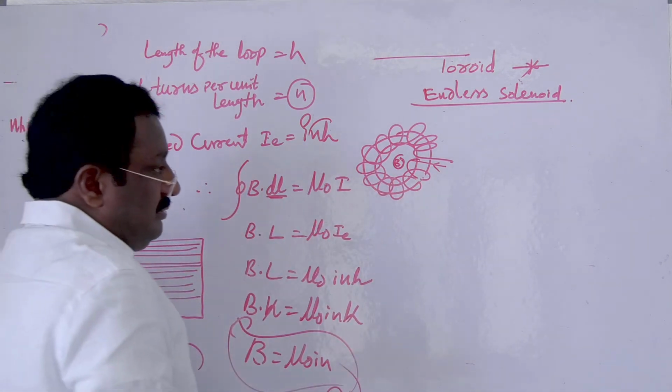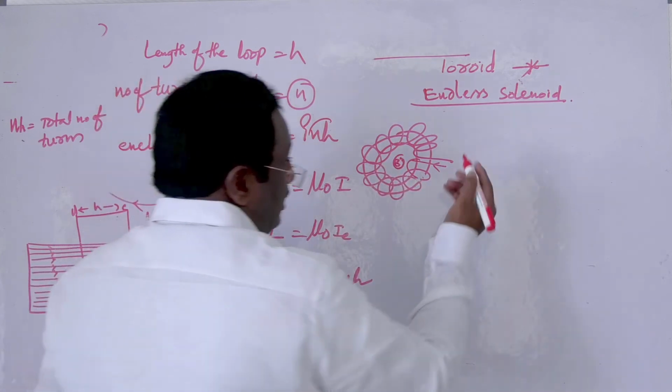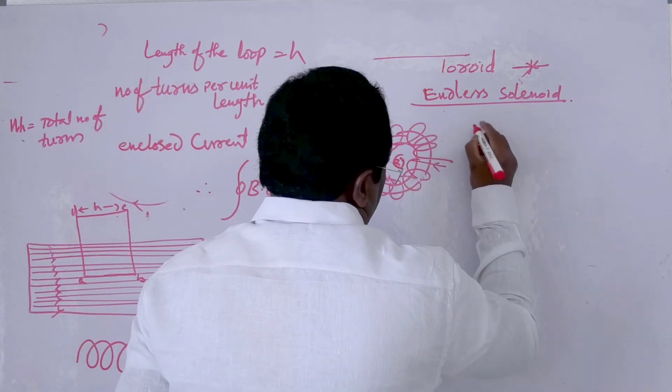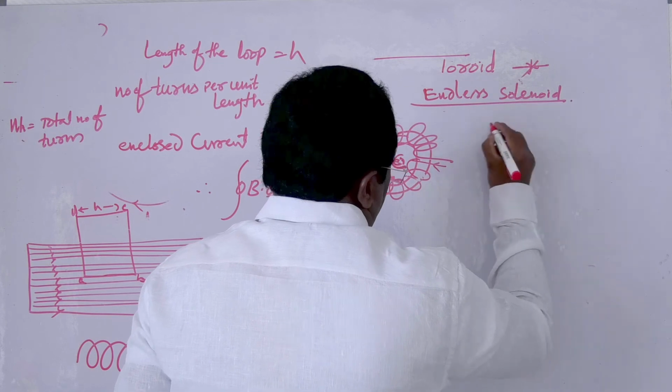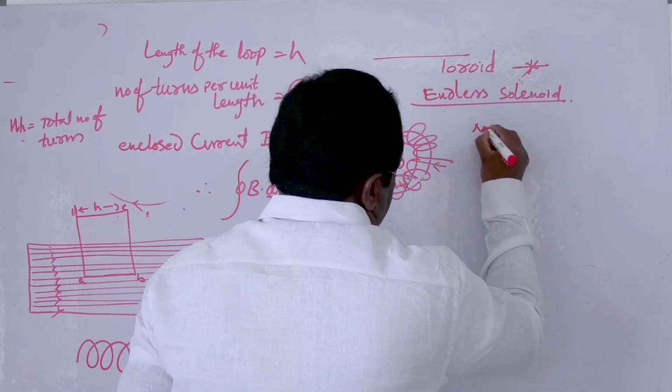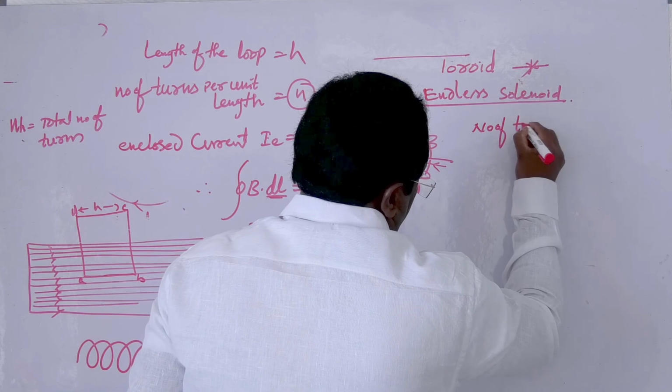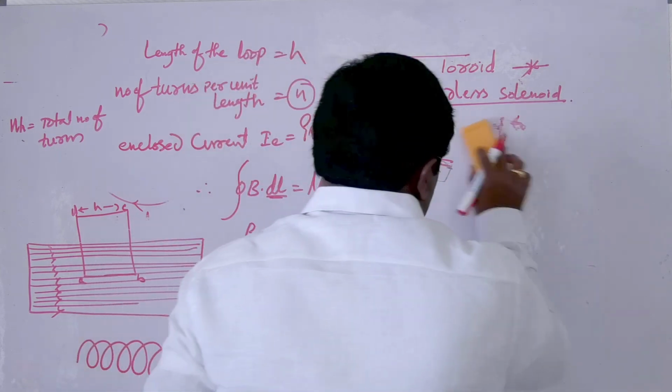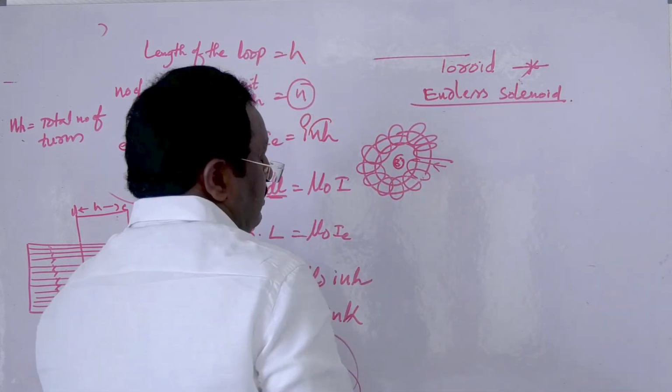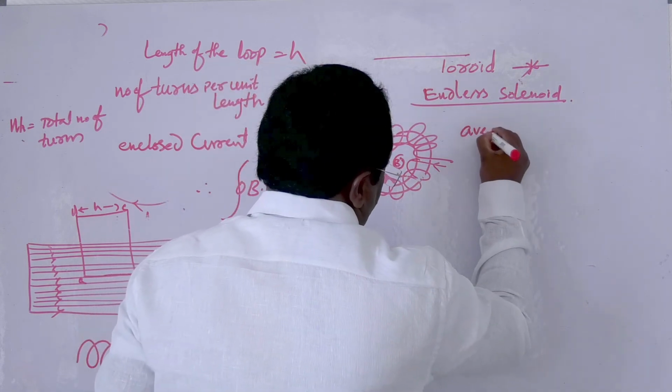So, first, to find the magnetic field, let us say the current passing through the coil is I, and the number of turns. Shall we take it like this? Average radius.